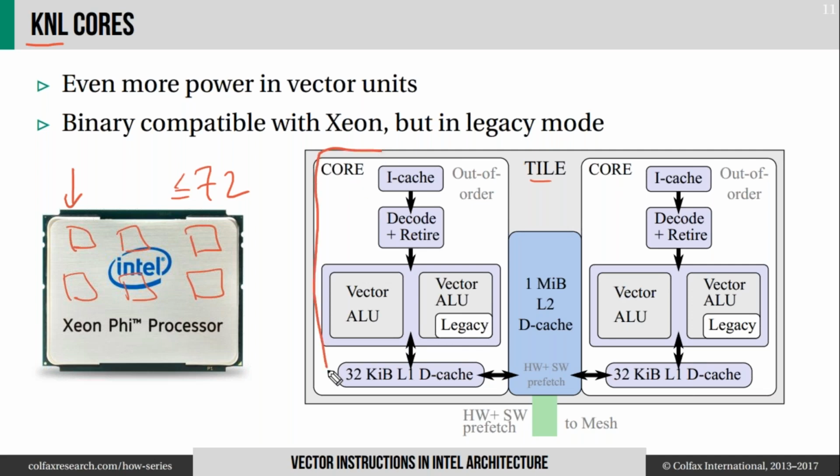What's important is inside the core, you have 2 vector arithmetic and logic units, ALUs. Each of these units is capable of performing short arithmetic instructions on short vectors. So there's the processor. Inside the processor are cores, and inside the cores are vector ALUs that apply a stream of instructions to short vectors.